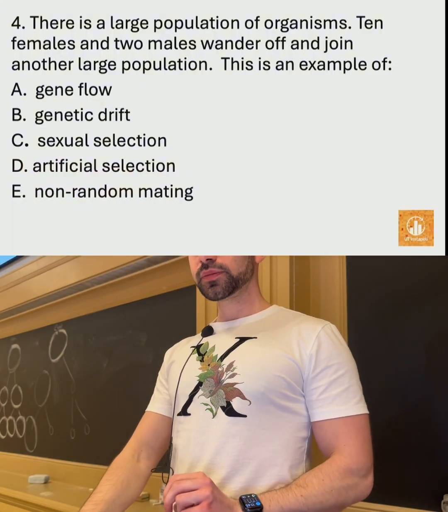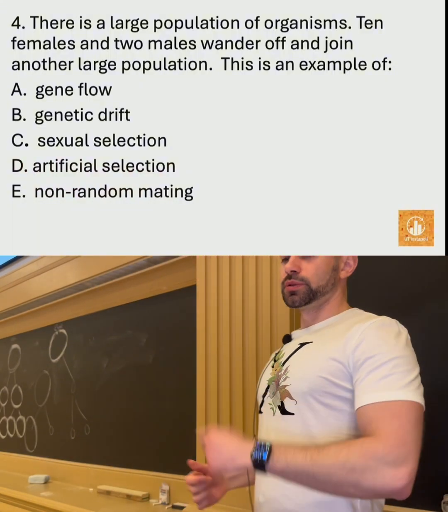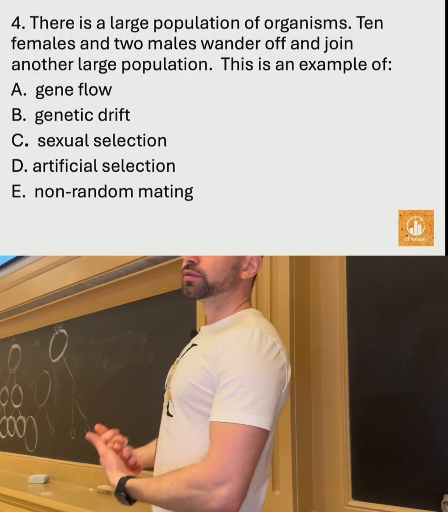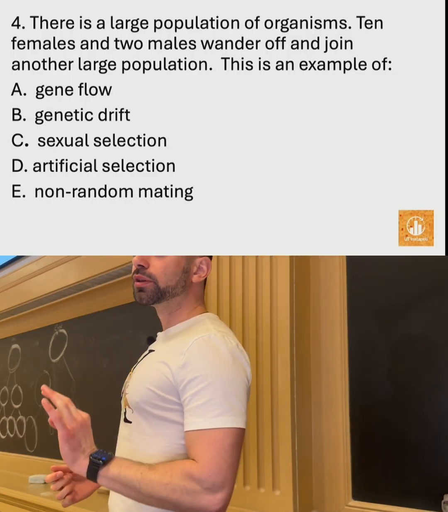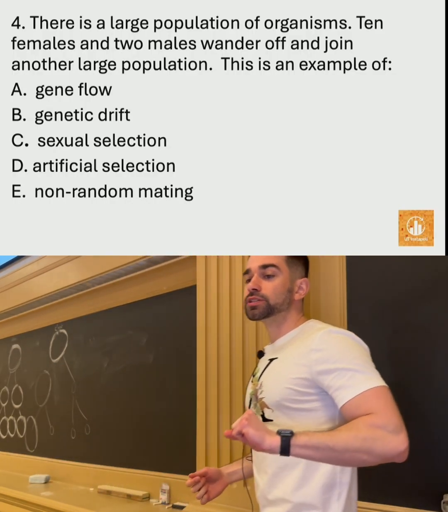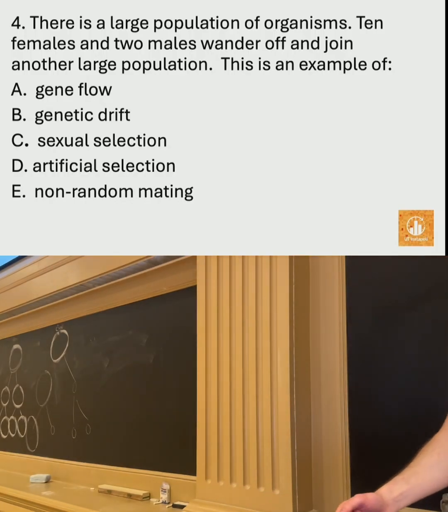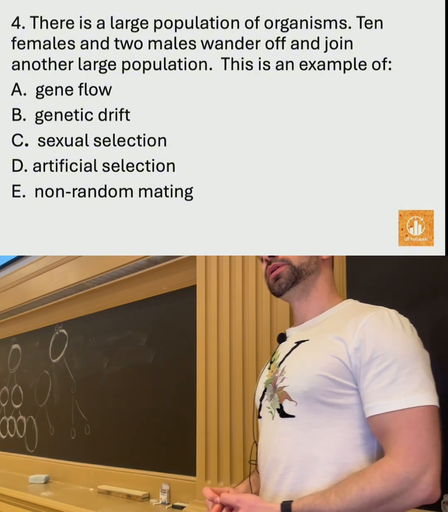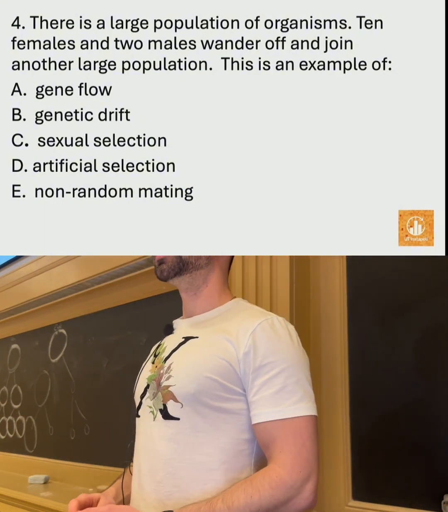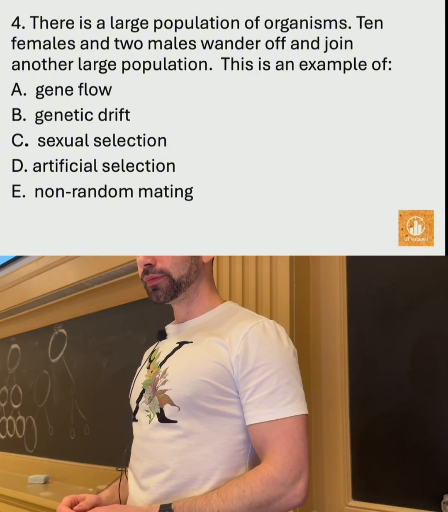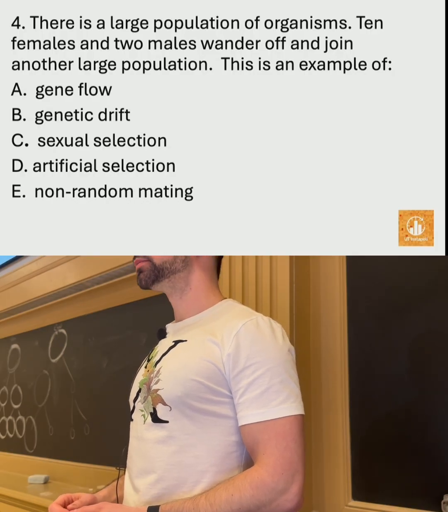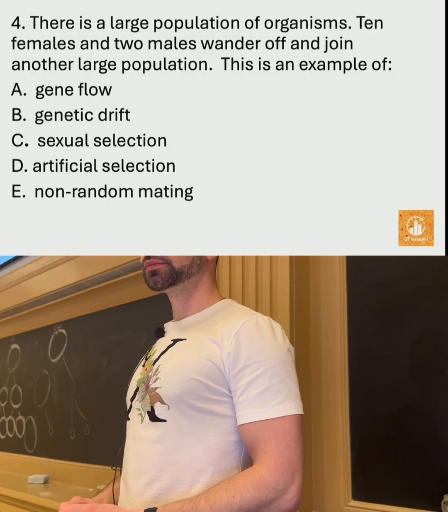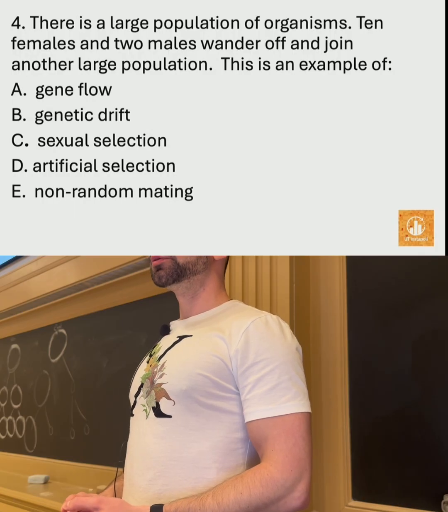One more for you guys, if you could open the next one. There is a large population of organisms. 10 females and 2 males wander off and join another large population. This is an example of which of the following? Should be pretty straightforward.